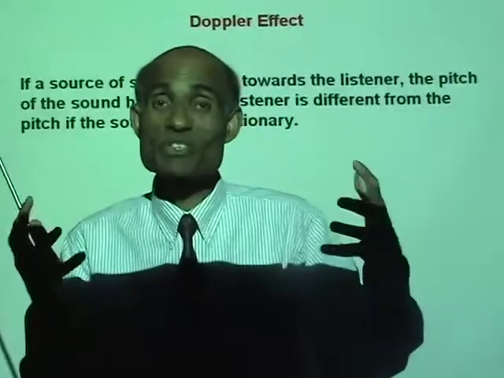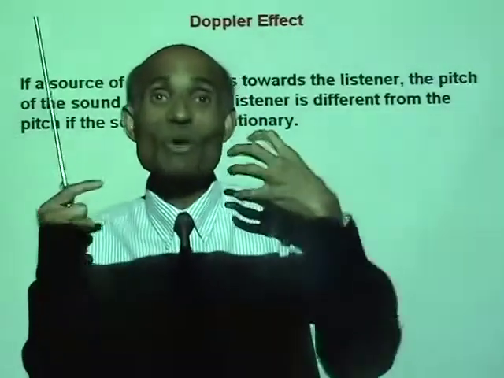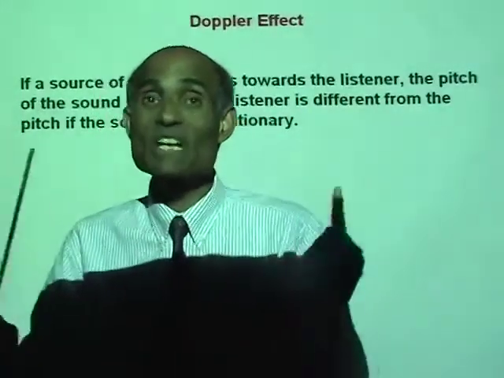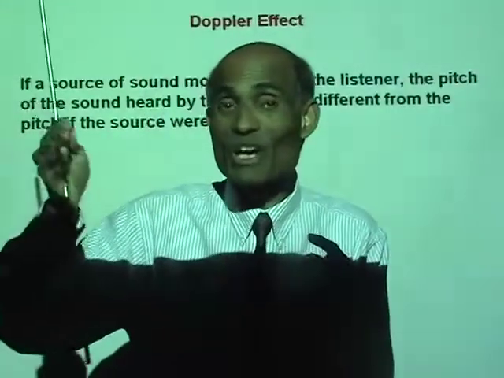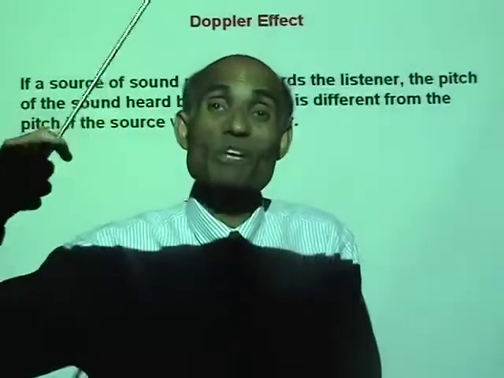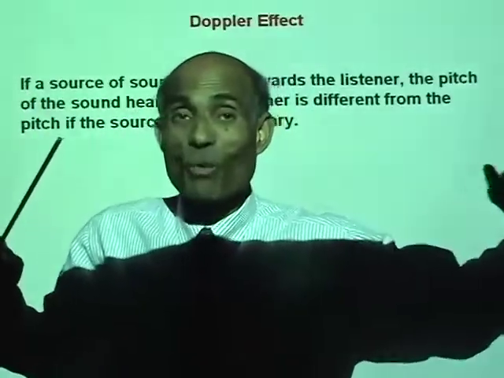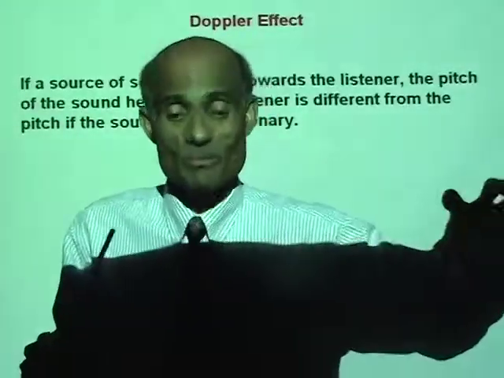In both these cases, the apparent frequency as the listener hears it will be different from the frequency if the source was stationary. If the source is moving towards the listener, the apparent frequency will be high. If the source is moving away from the listener, the apparent frequency will be low.